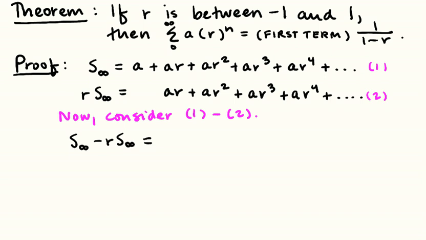A minus 0 is A. AR minus AR, when I subtract, that's 0. AR squared minus AR squared, 0. AR to the third, also 0. All of these things are going to cancel off, right? All of the infinite terms are going to have their friend down on the lower line to cancel off with. And so it'll really just be equal to A plus a bunch of zeros, right?